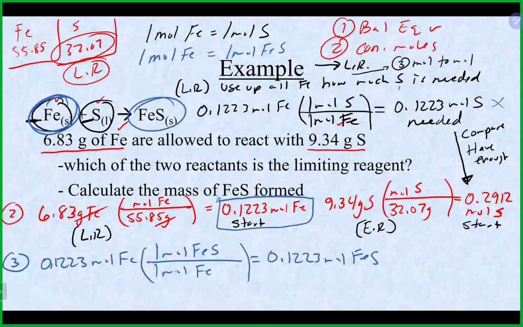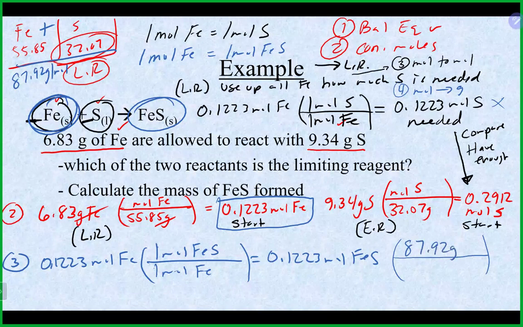And if I want to know grams, that is going to need the molar mass now. So we're going to do step number 4, which is moles to grams in this case. So the molar mass is basically just these two guys added up. So if I add those together, I get 55.85 plus 32.07, which gives me 87.92 grams per mole if I add my iron and my sulfur together. And I can now do really the last step in our calculation here. Here we do want grams up on top so that we do end up with grams.